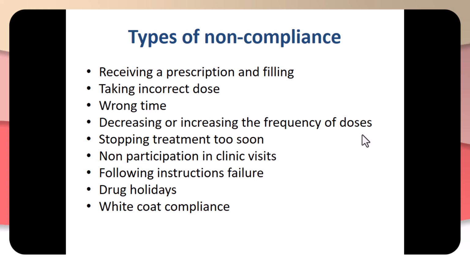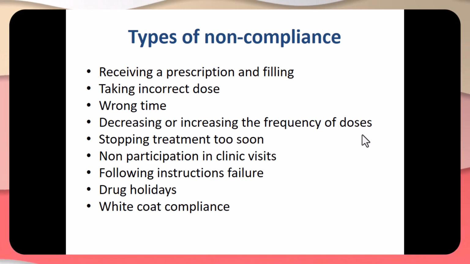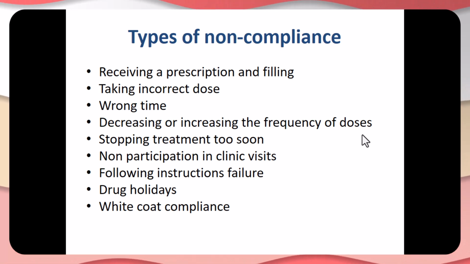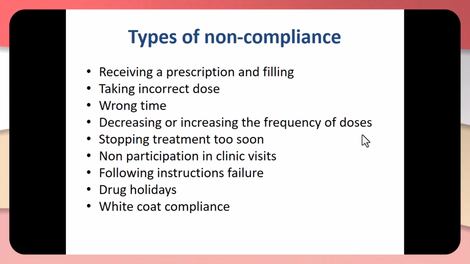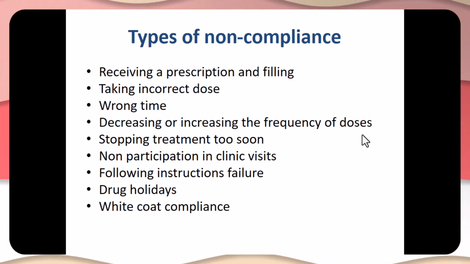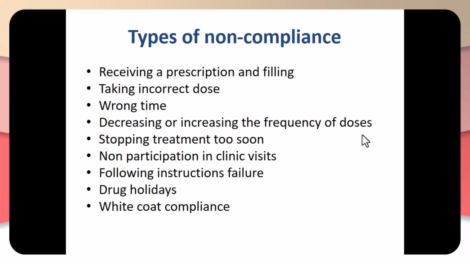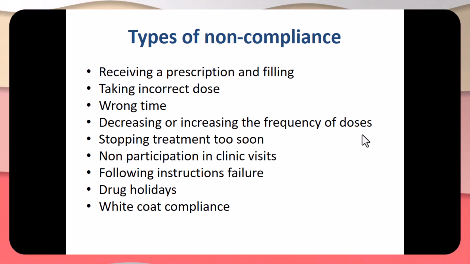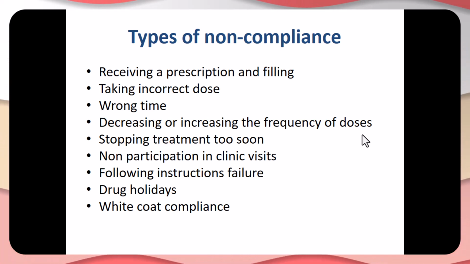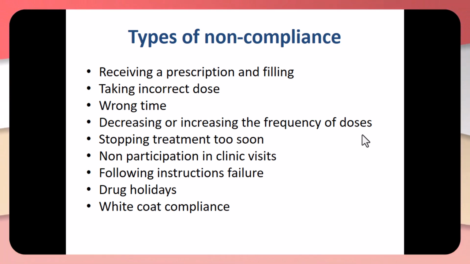Taking incorrect dose, taking the medication at a wrong time, decreasing or increasing the frequency of the doses. For example, if I missed yesterday, so I take the medication of yesterday and today together. Then stopping treatment too soon before the duration time that you had given to them.